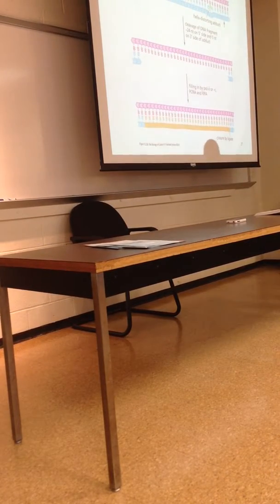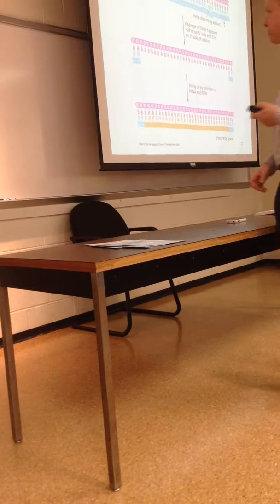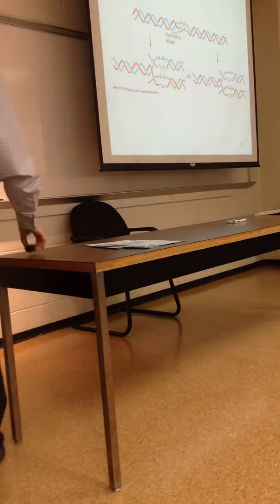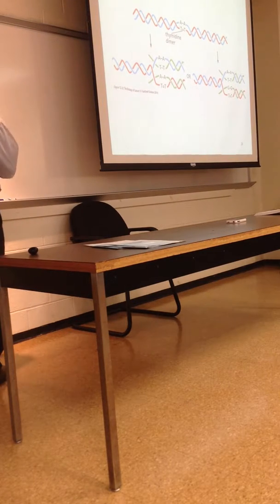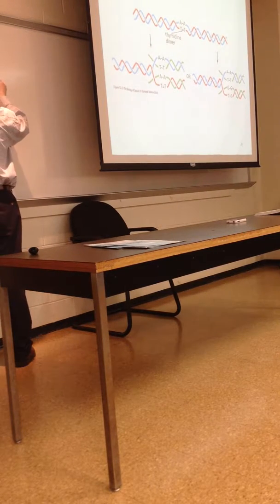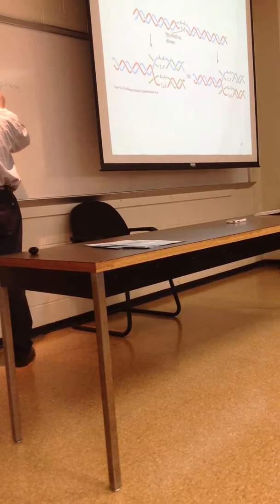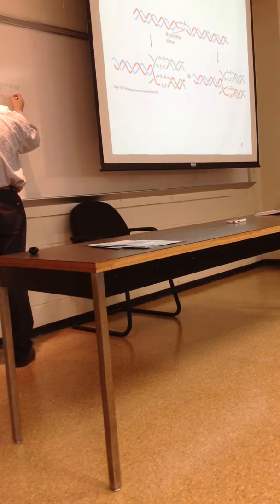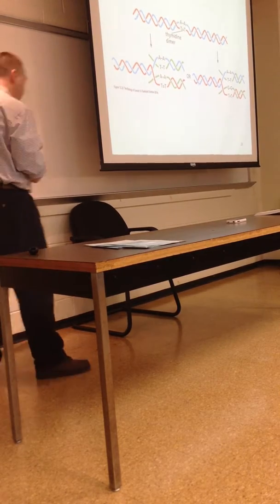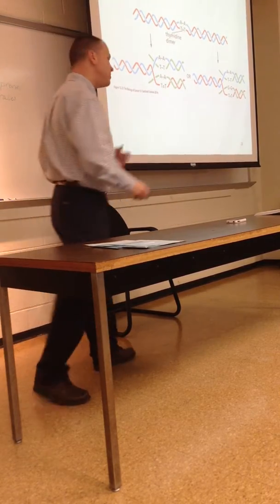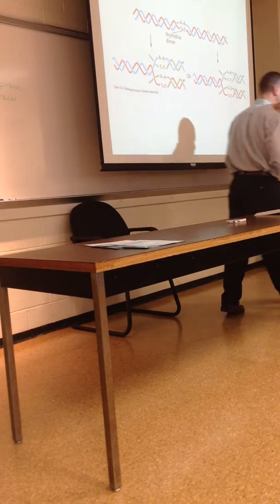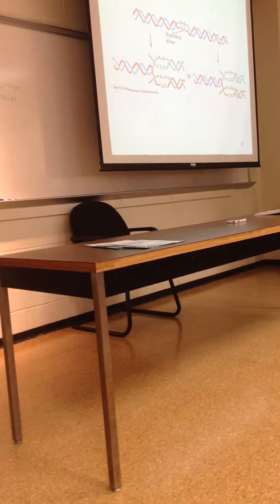There are circumstances, though, where the cell is so overwhelmed with problems that it resorts to using what have become known as error-prone polymerases. How the cell chooses which one of these to do is still a little bit unclear, I think.